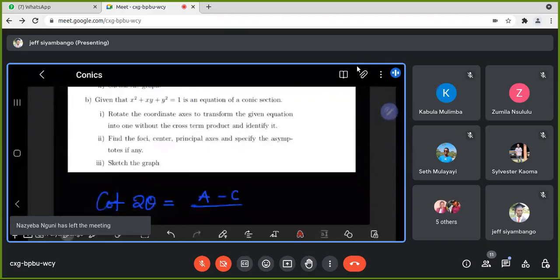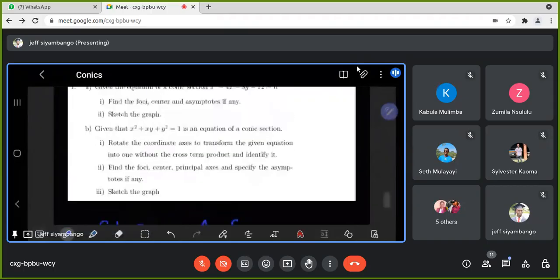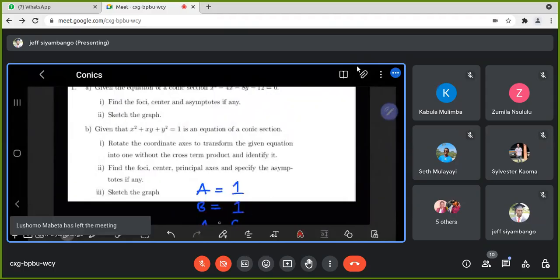Identify your A. A is the coefficient of the x squared term, which is 1. Identify your B. B is the coefficient of the xy term, the one that comes out as 1. And C is the coefficient of the y squared term, which is also 1.